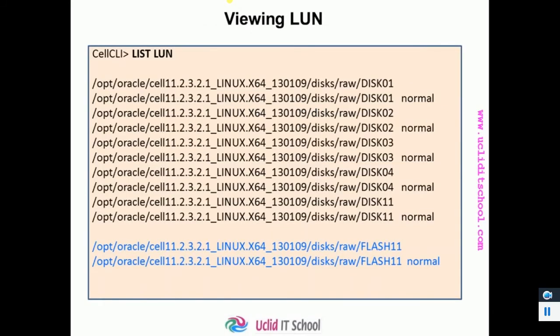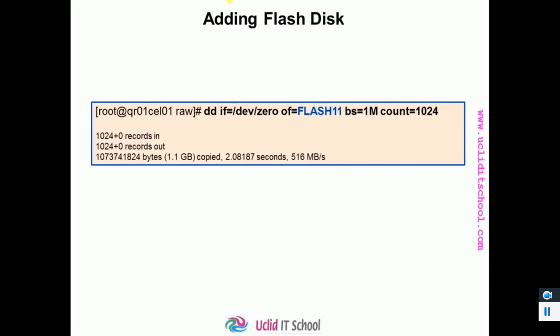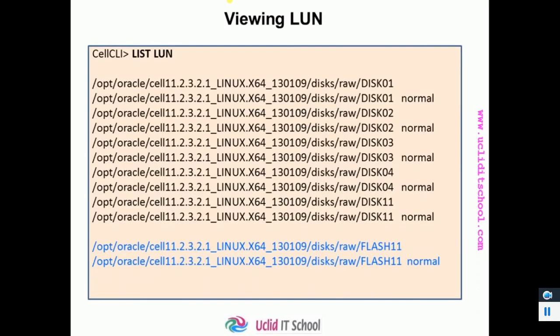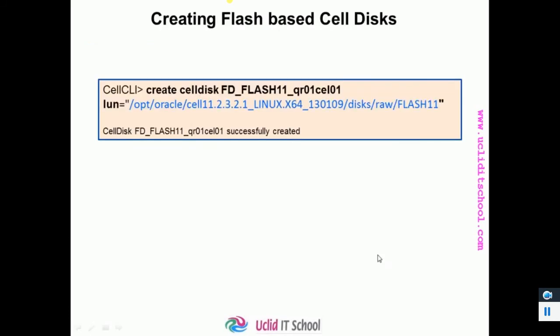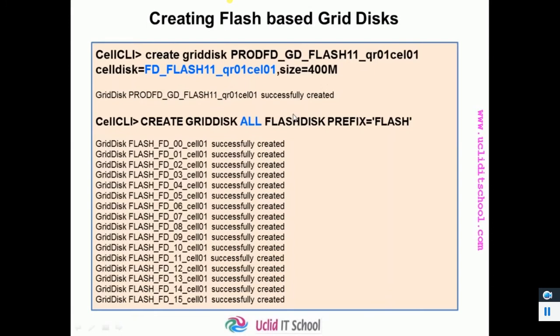Then once you create a flash disk, you should be able to see the LUN corresponding to that flash disk. Once the LUN is visible, you can create a cell disk on that flash disk. Then once the cell disk is created, you can create a grid disk.